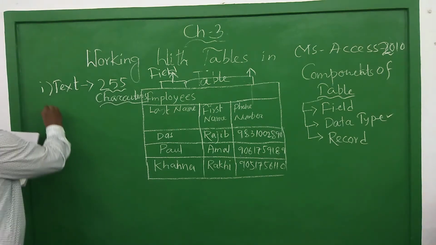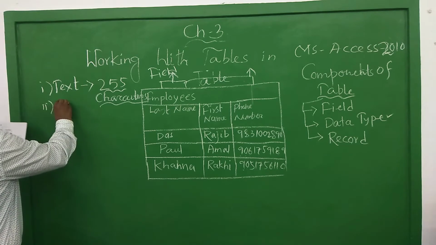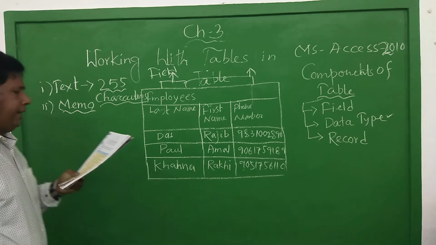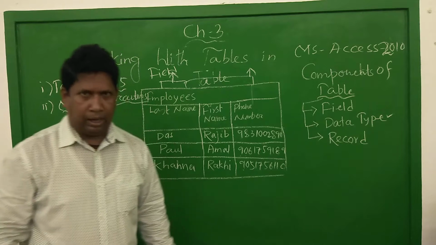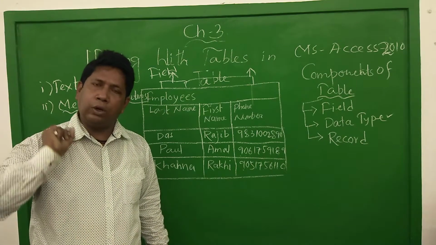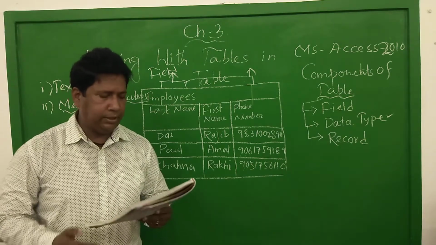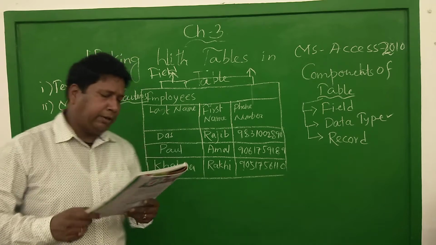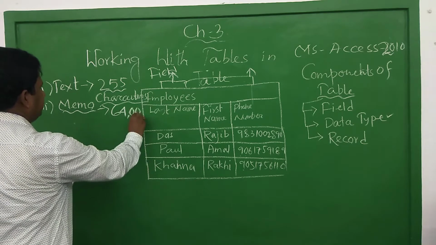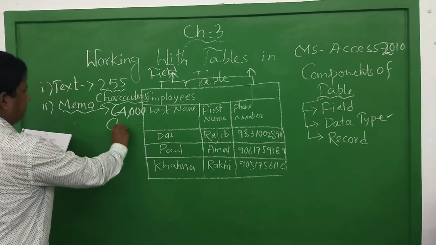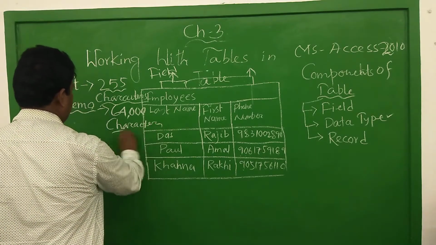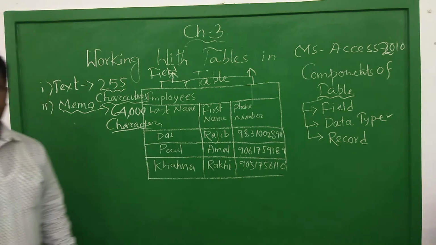Number two, memo. It contains long text. In place of text only, in memo you can store a large amount of text. It can store 64,000 characters.